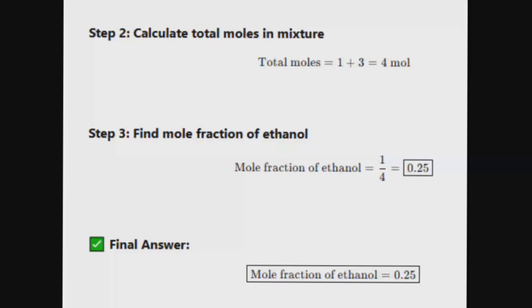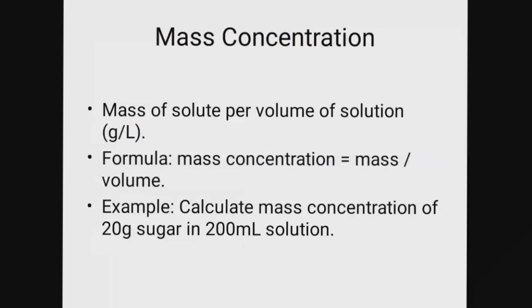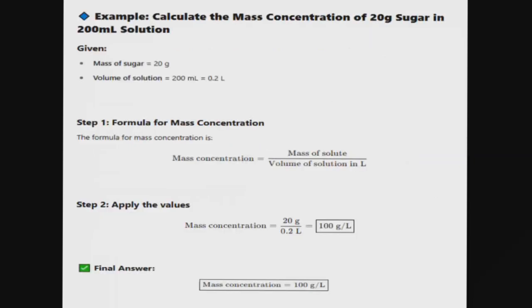Now let's talk about the mass concentration before we round up. The mass concentration is the mass of solute per volume of solution. Mass conc is given by mass of solute over volume, that's mass divided by volume.